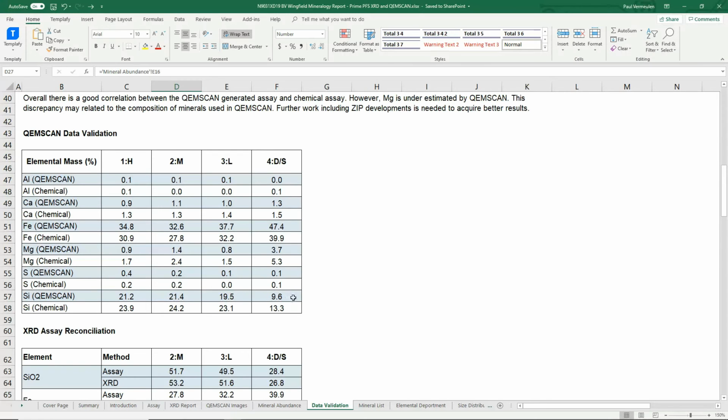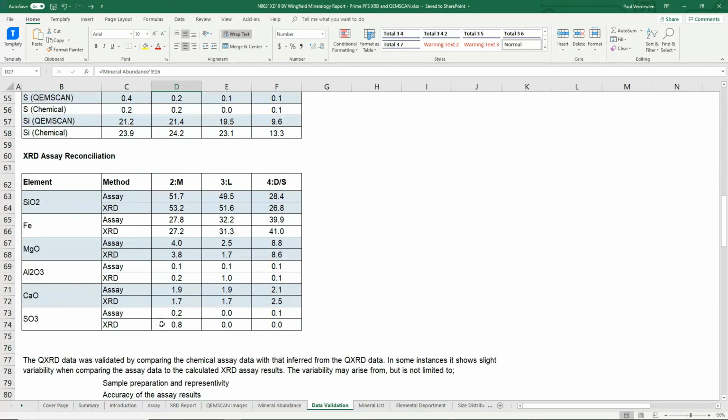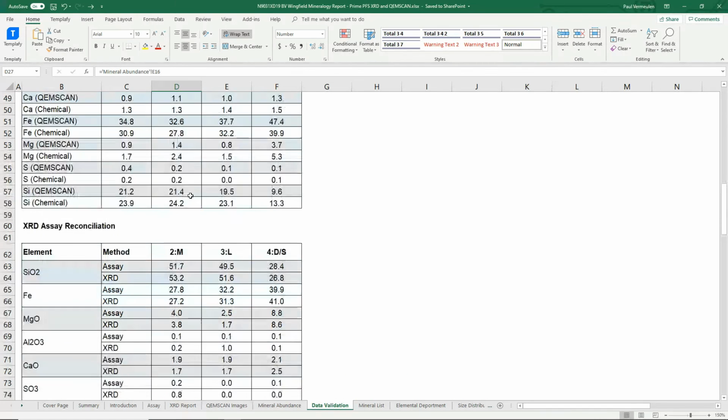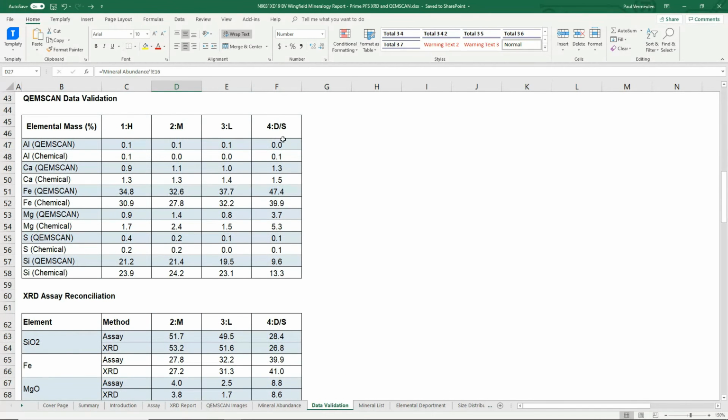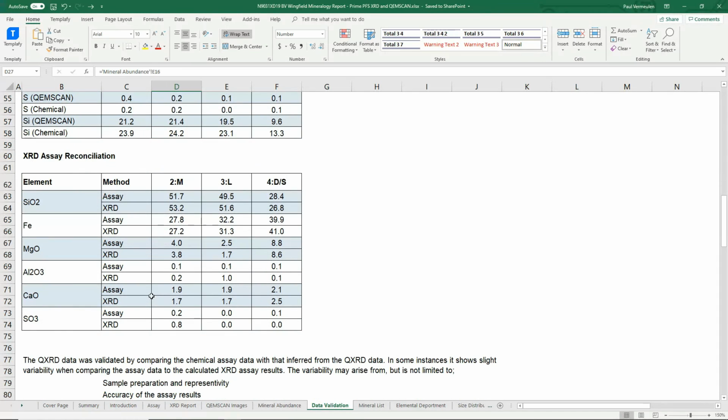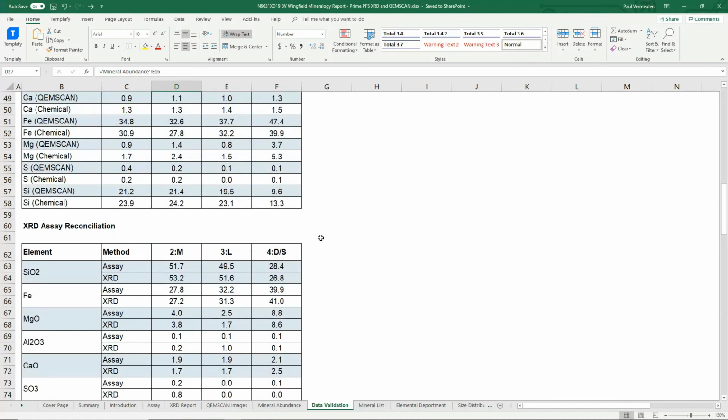Interestingly enough, in some of the other samples the differences were more marked, where we have 10 versus 14%, 47 versus 40% for Fe, etc. The XRD reconciliation is not there for sample H, as you can see, but for the other samples, they are certainly a lot more consistent, and there are no differences. So we don't have XRD for sample H, but we're going to just go with the mineral list that we have.